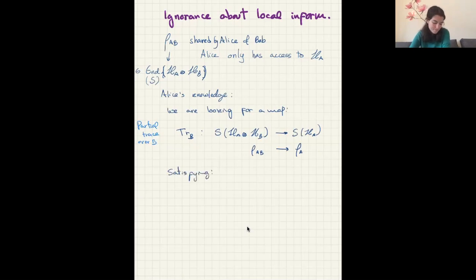One, local measurements on Alice's side should yield the correct statistics, right? Local measurements on HA should give correct statistics or predictions.